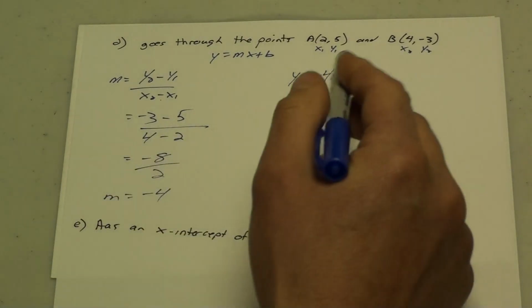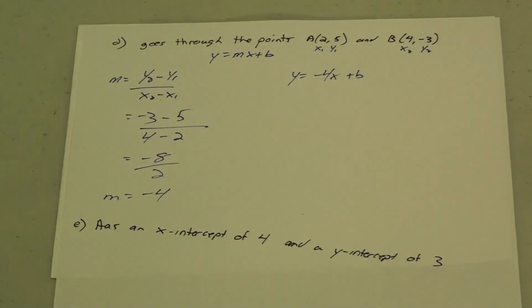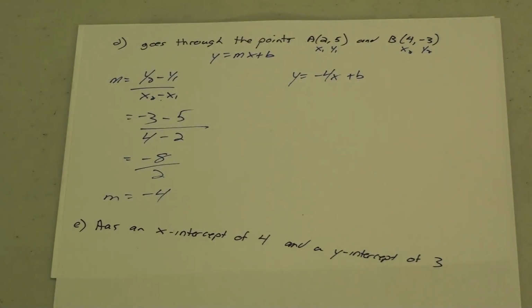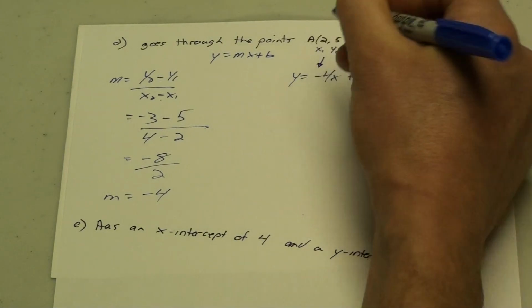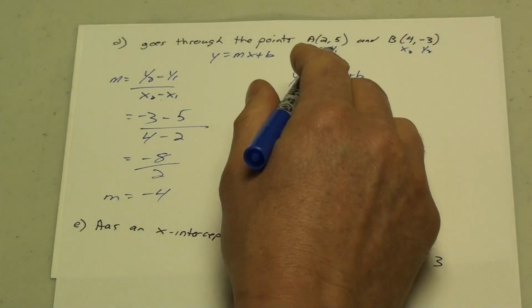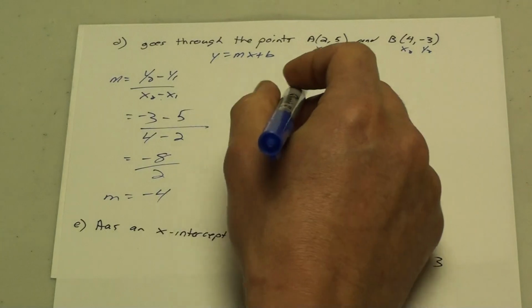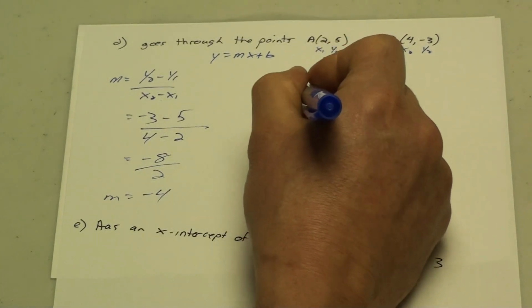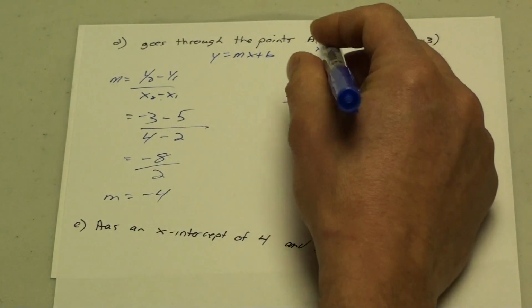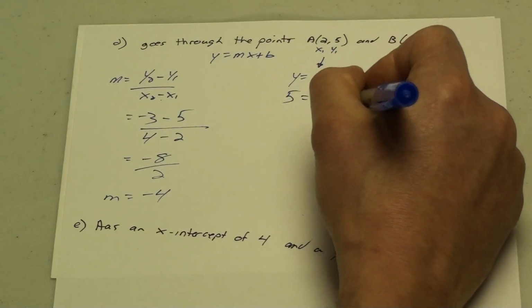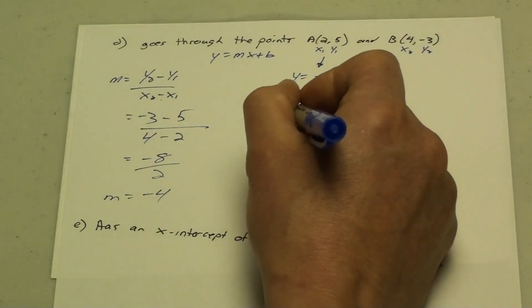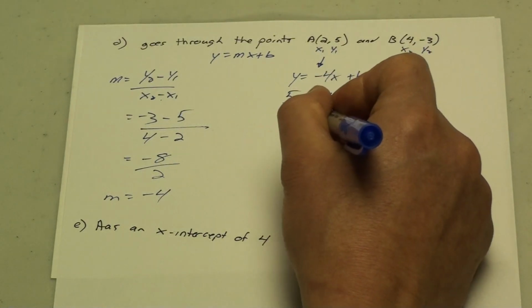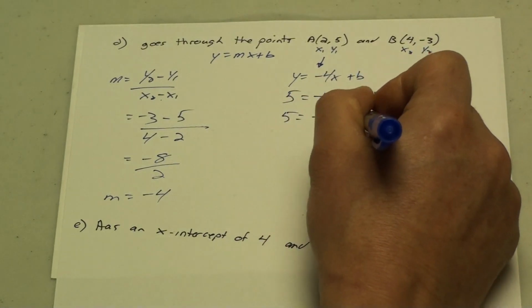So I'm going to sub in one of the coordinates for my x and y. And it doesn't matter which one, choose whatever one is going to be the easiest. So I'm going to choose point A. So I'm going to put my x and y of 2 and 5 in. So my y is 5. Negative 4 is still my slope. My x value is 2 and plus b. So now I want to figure out what my b value is. 5 equals negative 4 times 2 is negative 8 plus b.